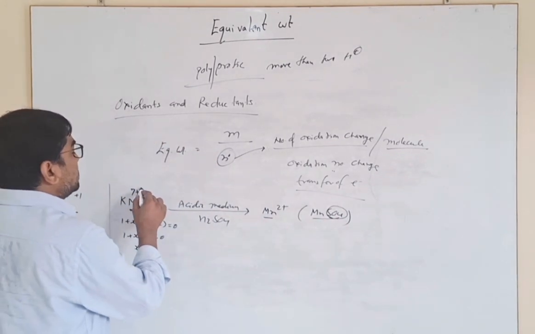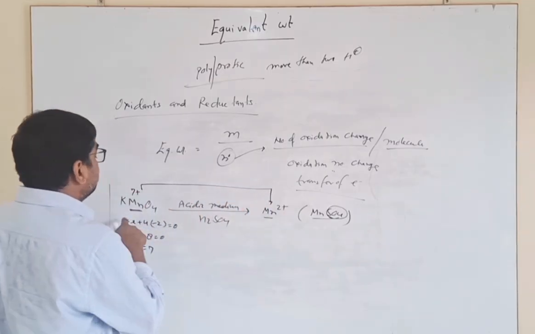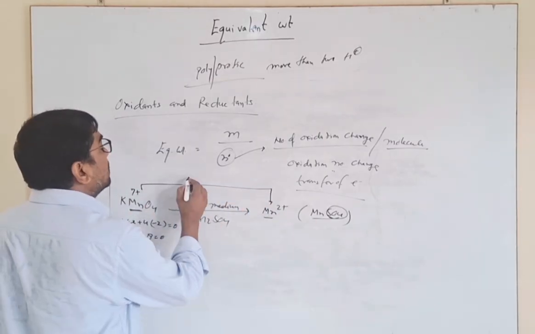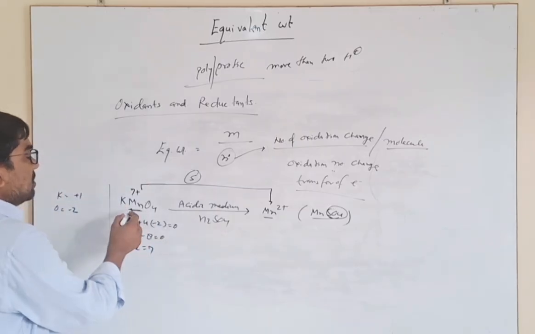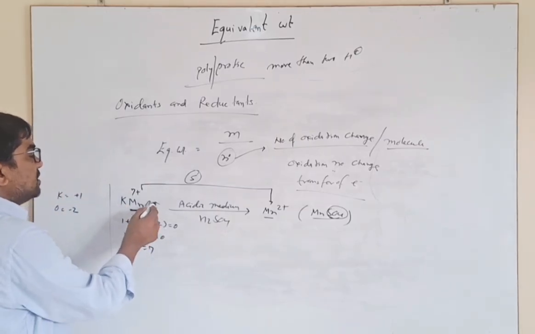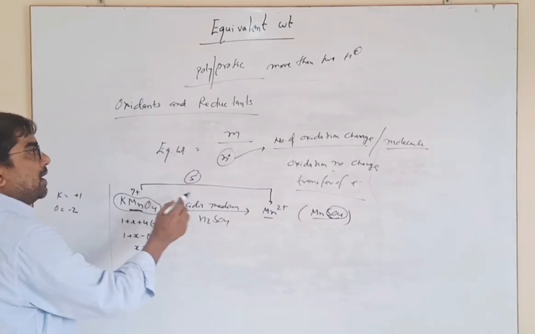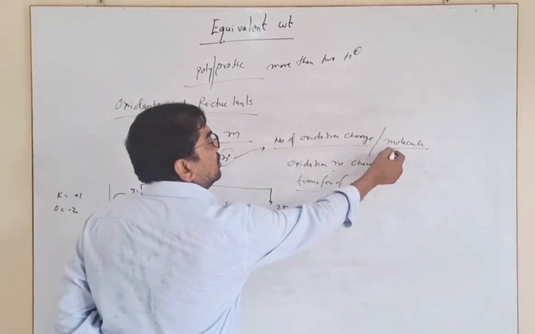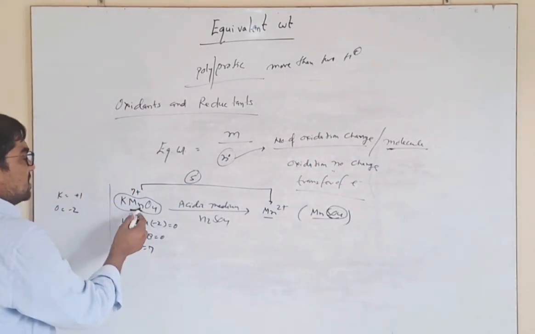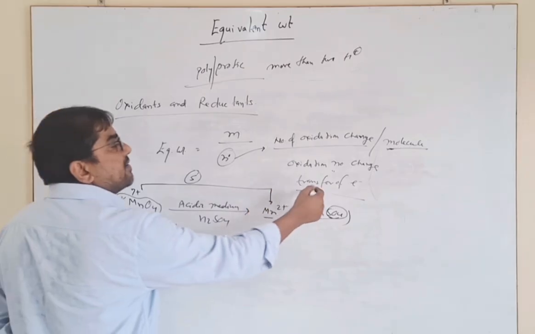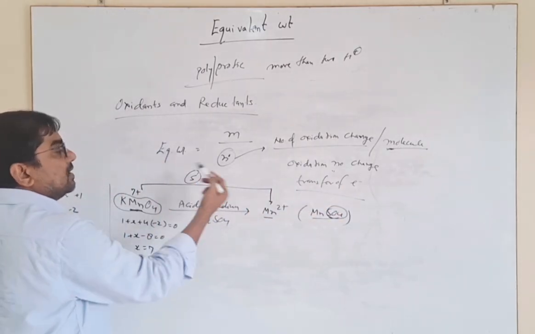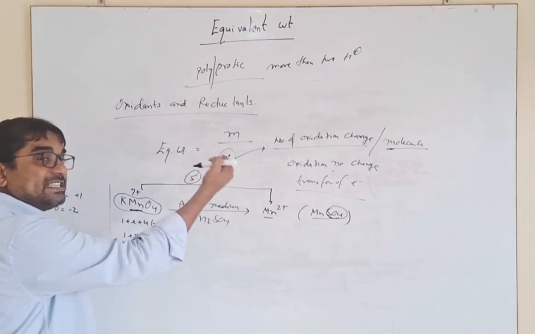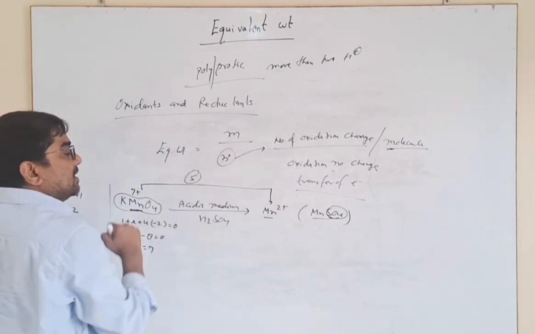So what is the oxidation number change from KMnO4 to MnSO4? It is 5 in number, and 1 manganese is present in 1 molecule. So per molecule, what is the change in oxidation number or transfer of electrons? Plus 7 converts into plus 2 after acceptance of 5 electrons.